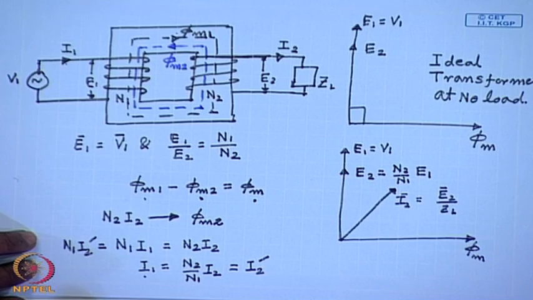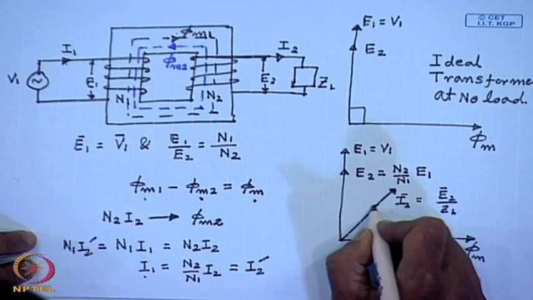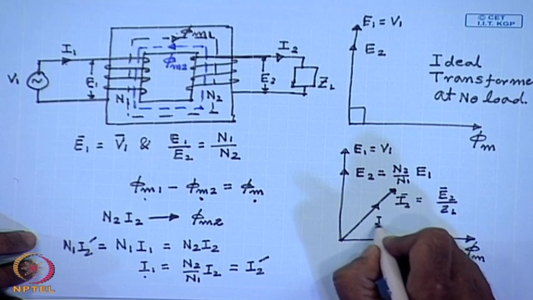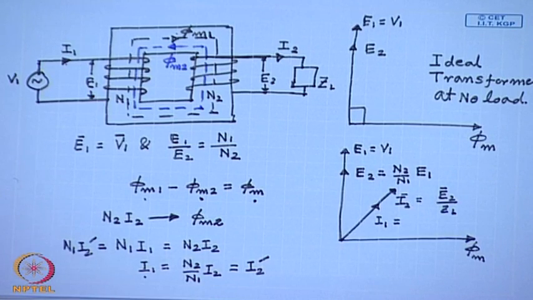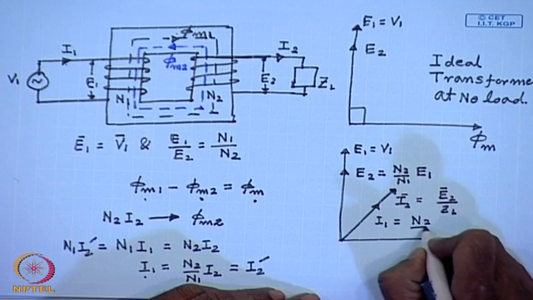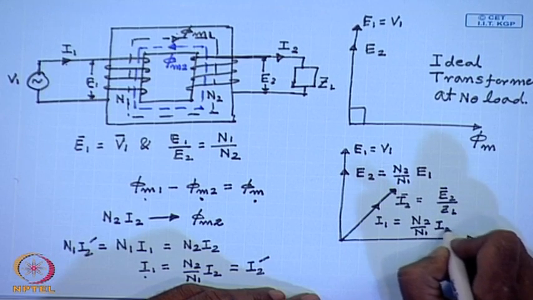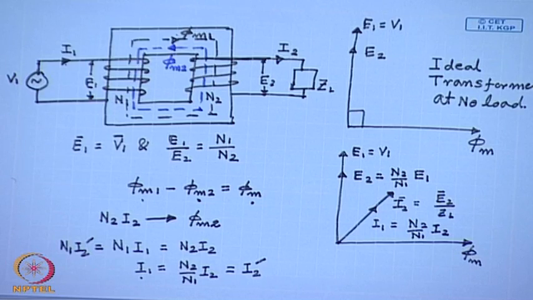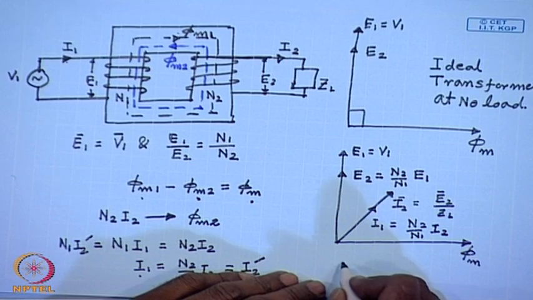The current I1 will be in phase with I2 and its magnitude will be I1 equal to N2 by N1 I2. This is the phasor diagram of the ideal transformer under loaded condition.